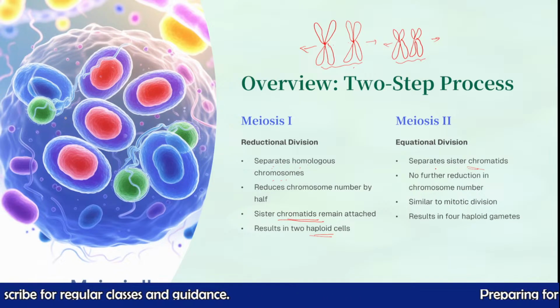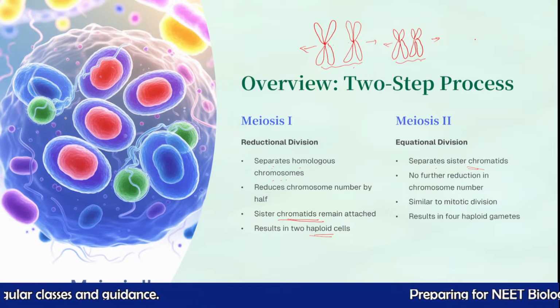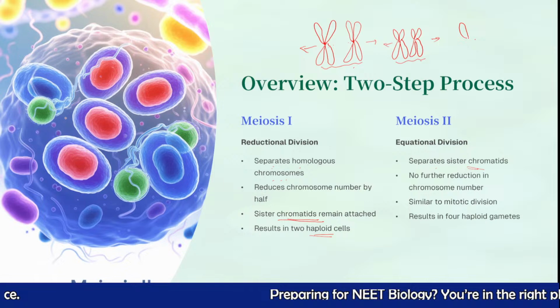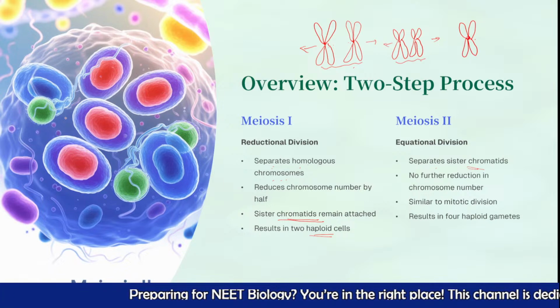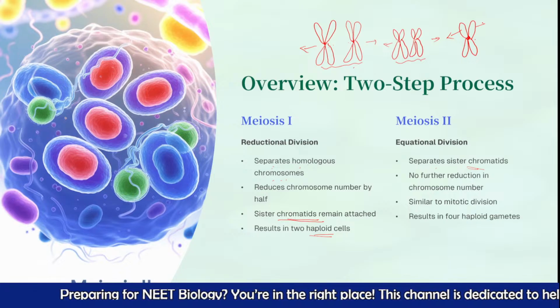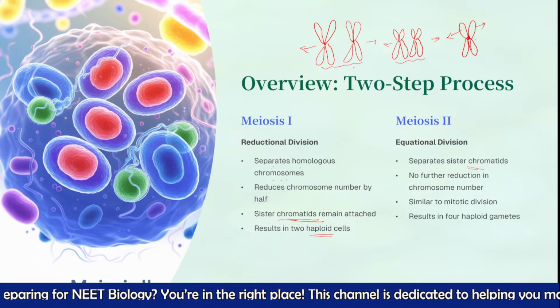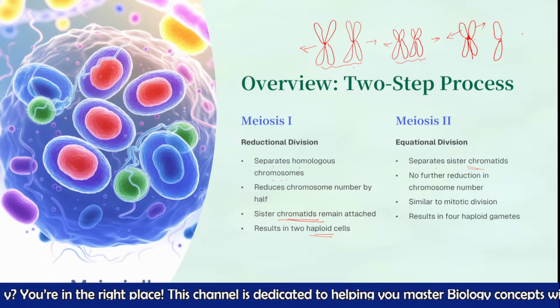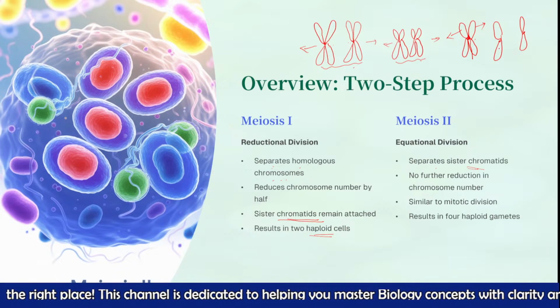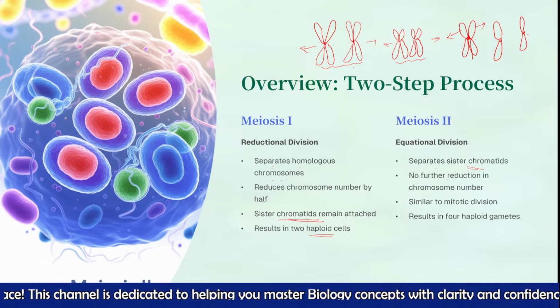Here in meiosis 2, the first point is that the sister chromatids separate. In the chromosomes, we know there are two sister chromatids. This is one sister chromatid, this is another. These sister chromatids separate like this. That is happening in meiosis 2.